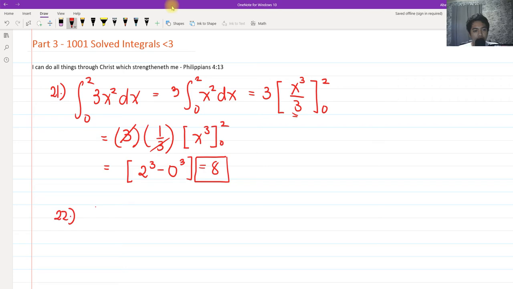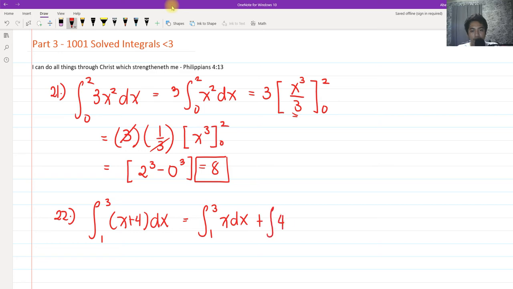For number 22, we are going to evaluate the integral of x plus 4 dx evaluated from 1 to 3. The same rule applies. We can separate this because we have a summation: the integral of x dx plus the integral of 4 dx, evaluated from 1 to 3.